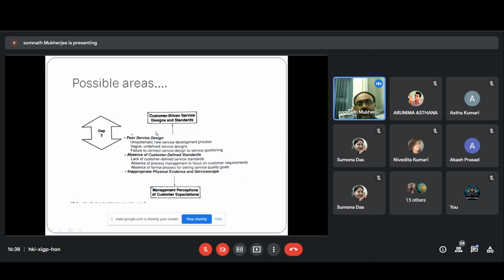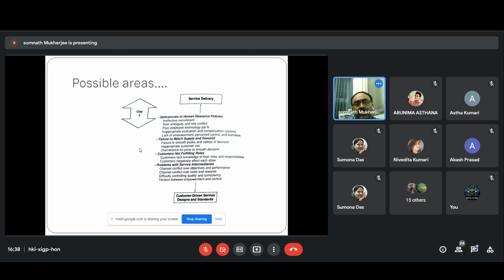All areas, these open up immense areas: unsystematic new service development process, poor service design. That designing was wrong. And why was the designing wrong? Because the research inputs were not right. Vague unidentified service designs, failure to connect service design to service positioning, a failure of external markets. So these are all possible research areas that you can pick up.